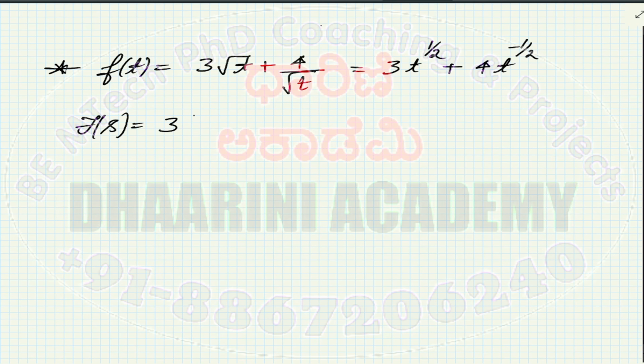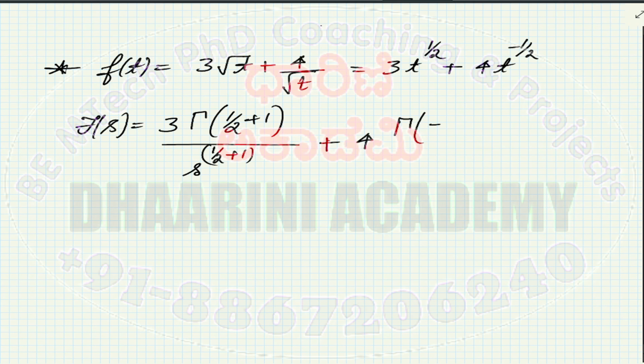So 3 times gamma function of 1 by 2 plus 1 whole divided by s to the power 1 by 2 plus 1, plus 4 times gamma function of minus 1 by 2 plus 1 divided by s to the power minus 1 by 2 plus 1, as per the entry in the table.